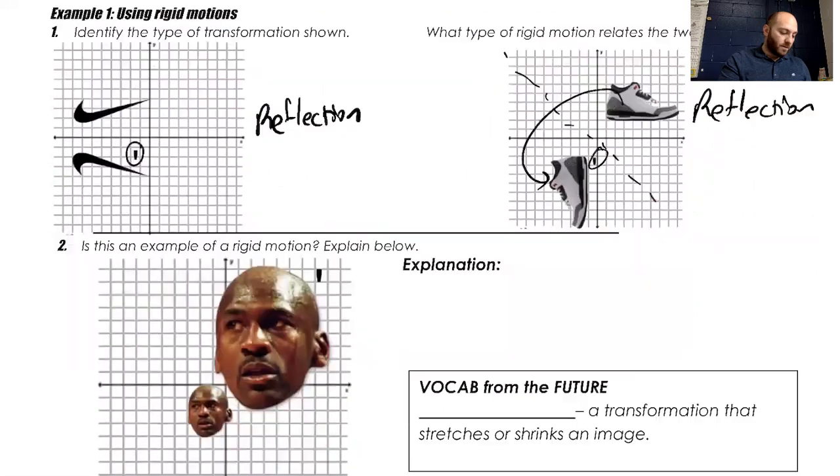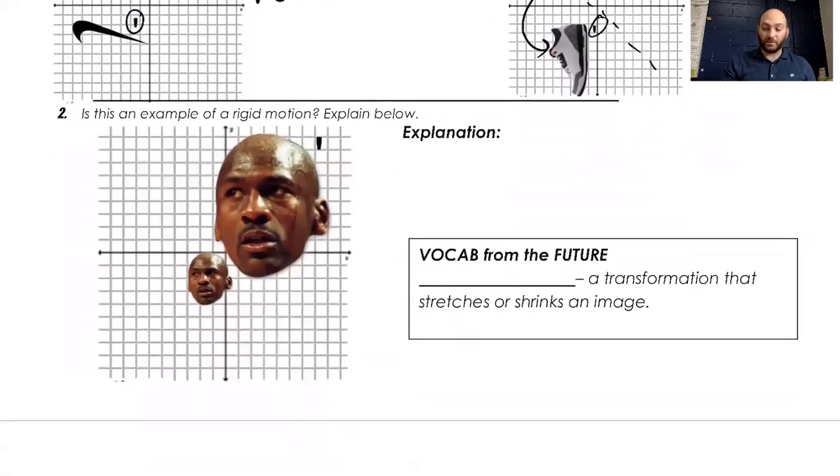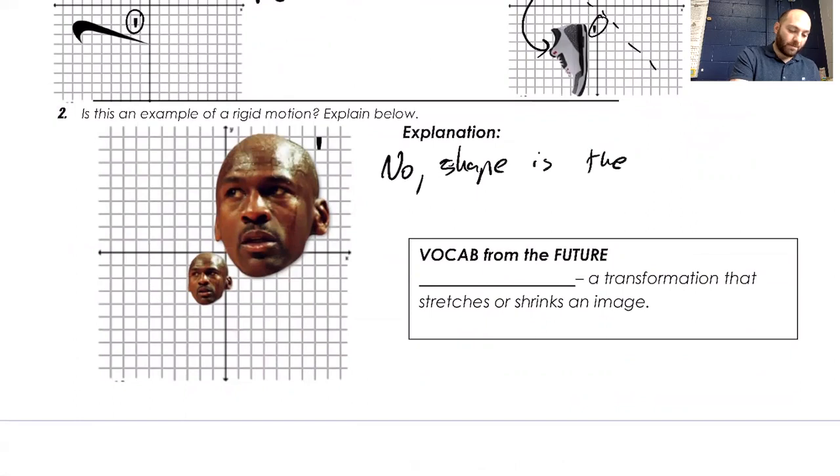Is this an example of a rigid motion? I'm going to pause it right here and let you tell me what you think. Okay, now that we're back, here it is. It is a no, because even though the shape is the same, the size changed.